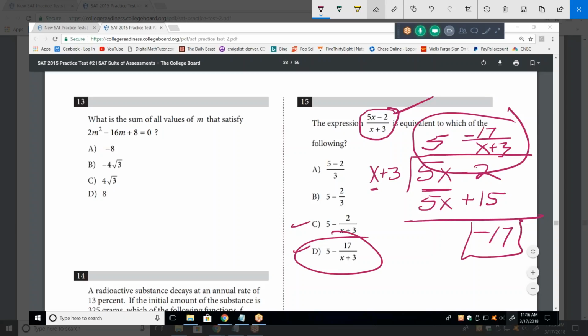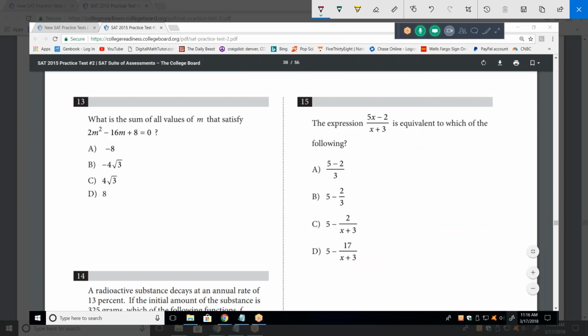Okay. Now let's just take a look. You don't need synthetic division on the SAT. You don't need to do it. But how we would do it would be this way. We'd put the answer in the box, not the factor, the answer. In other words, if that is a factor, then the answer for the 0 would be minus 3.